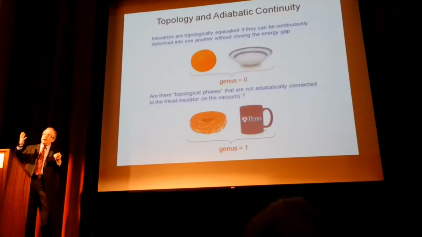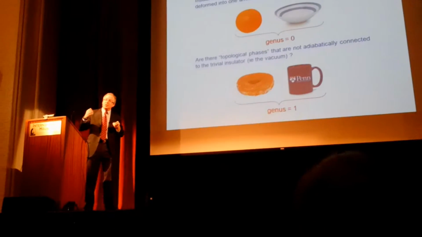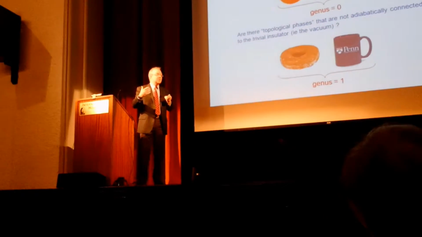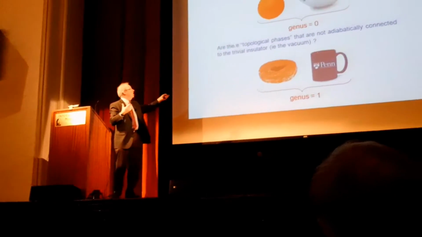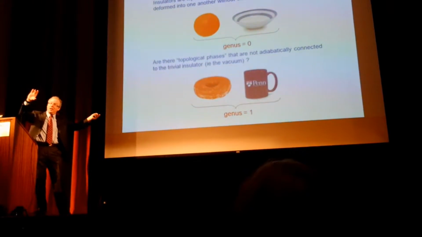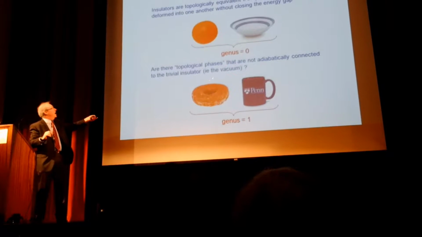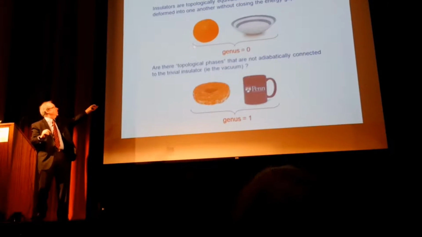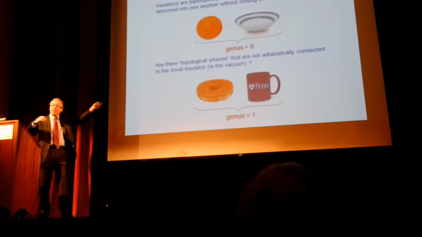So the question this poses is whether there are topological phases that are insulators in the sense that they have an energy gap, but they're not adiabatically connected to the trivial insulator or to the vacuum.